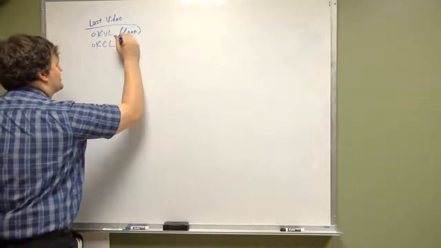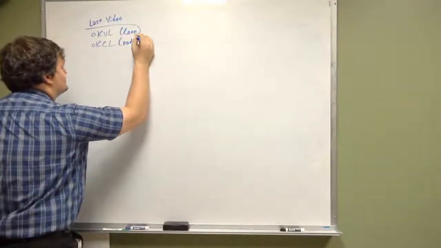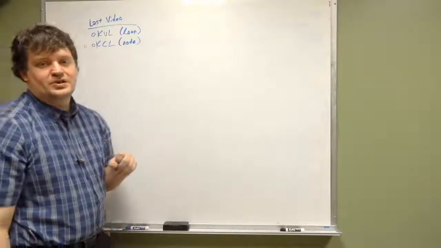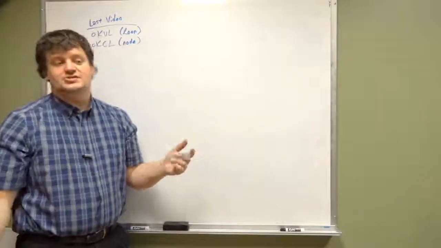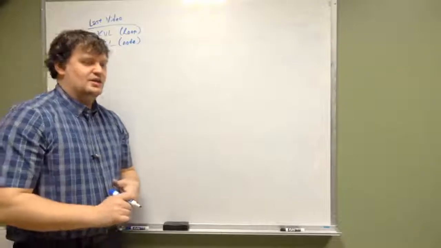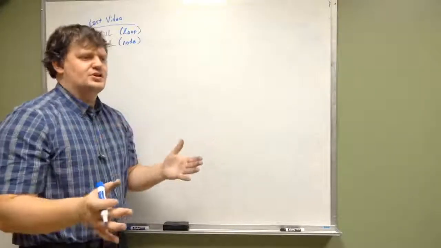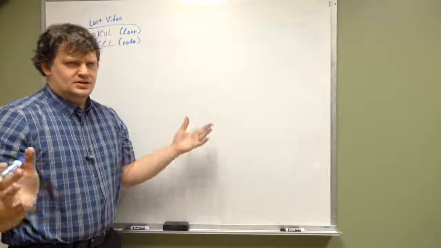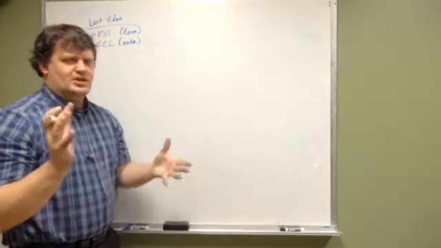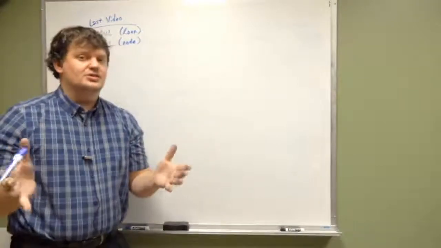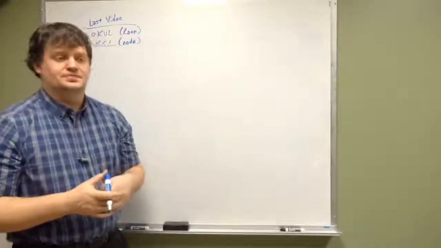KCL says that the number of currents traveling through a node sums to 0. So currents through nodes, voltages through loops. Since voltage and current are inherently linked, KVL and KCL work together to help define an entire system.